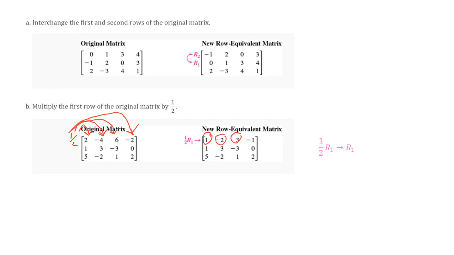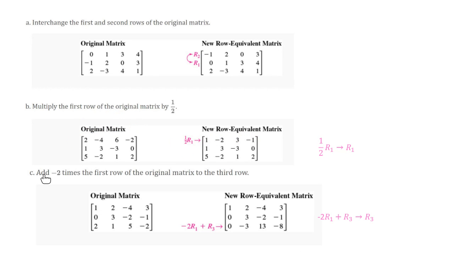And 1/2 times -2 gives me the -1. So this right here is just telling you what we're going to be doing: multiply a half times row 1. If you see 1/2 times row 1 with an arrow, the arrow means to put your result back into row 1, just like we did here. I multiplied by a half here, and whatever I got, that's what I use for my row 1.